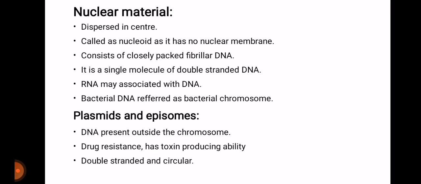It is difficult to distinguish between the two and they are often regarded as synonyms. Plasmids carry traits like drug resistance, toxin-producing ability, etc. The size of the plasmid is about 1/10 of nuclear DNA, but a bacterial cell may have one to many plasmids. Plasmid DNA is also double stranded and circular.